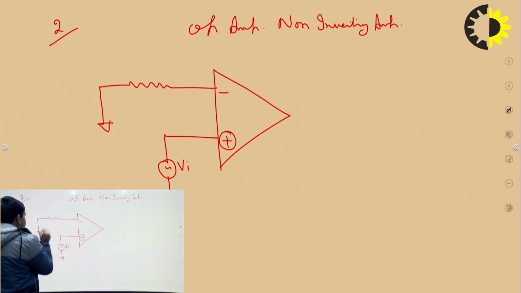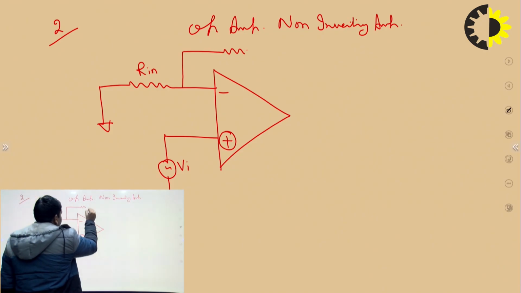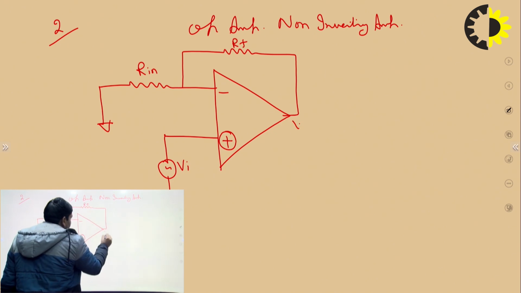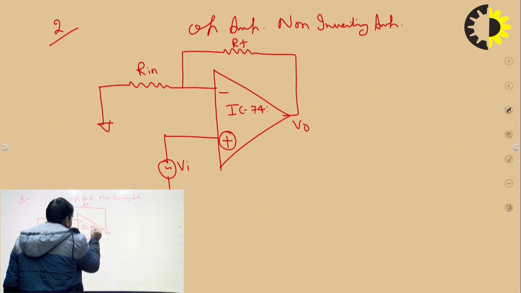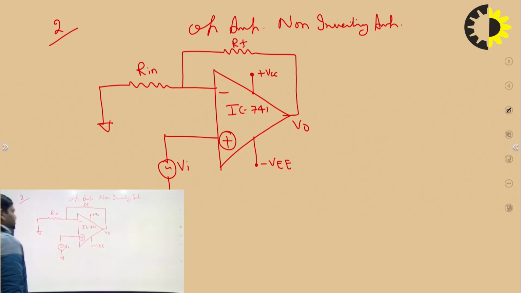This is ground, this is R in, this is the feedback resistance RF, this is V naught, this is IC741 having the biasing voltage plus VCC and minus VEE. So this is the circuit diagram of the non-inverting operational amplifier.